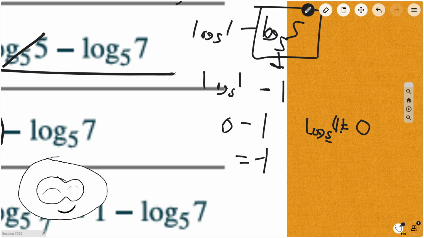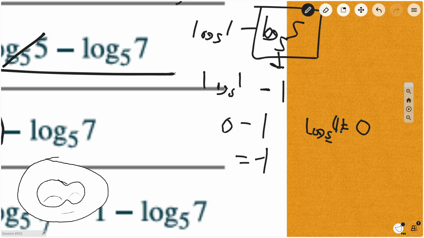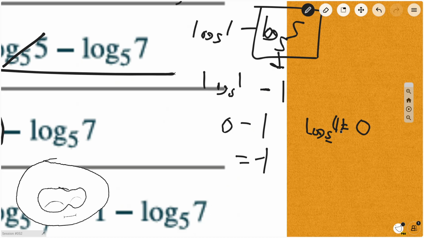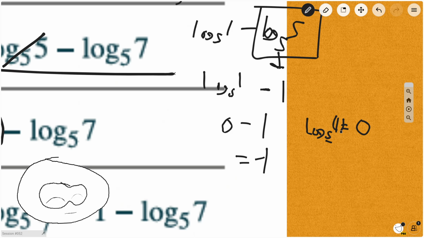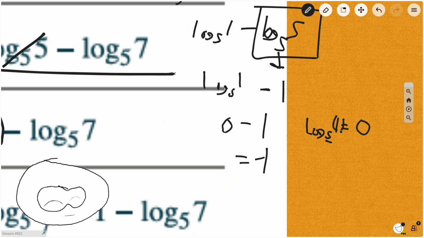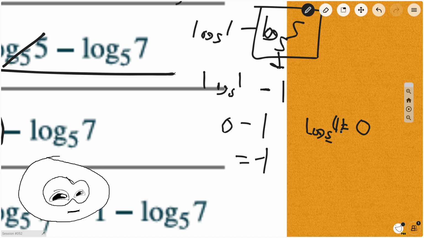Hold on, let me double check this guy. I think he mentioned something like that, but I forgot. Let's see. How do I do this? Oh my god, I was right.